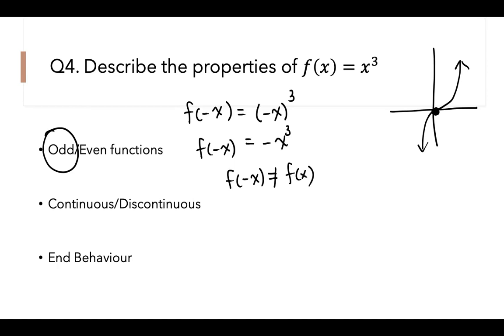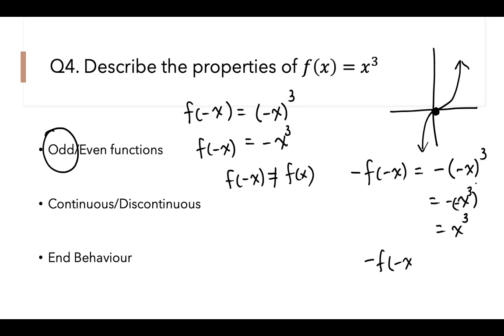Well, let's plug in negative to the whole function. So then negative f of negative x is equal to negative, negative becomes positive, so it's x cubed. So therefore, we can say that negative f of negative x is equal to my original function. So therefore, it's an odd function.